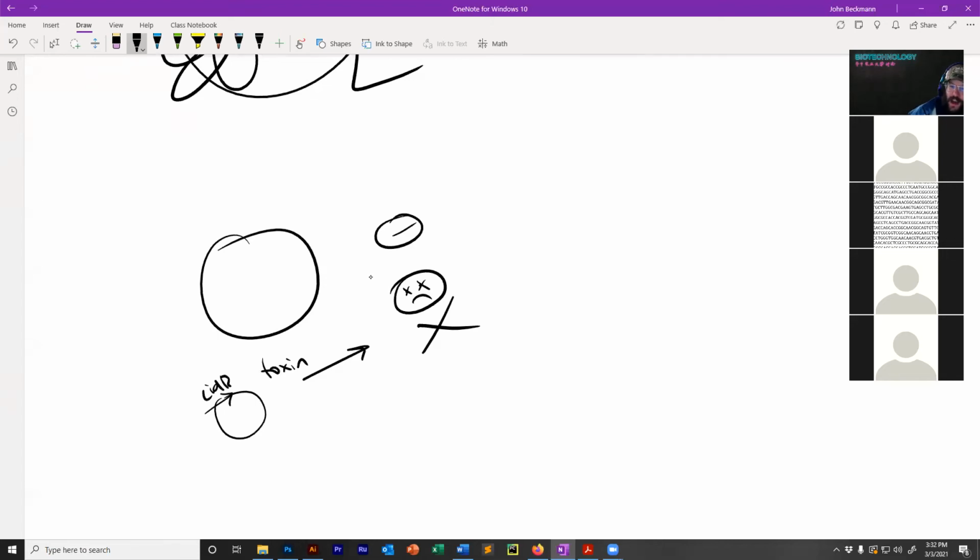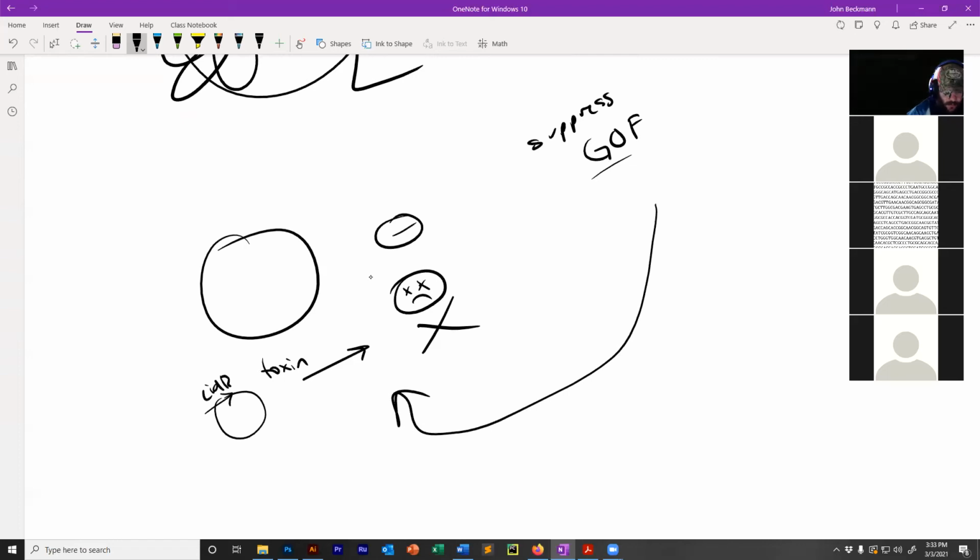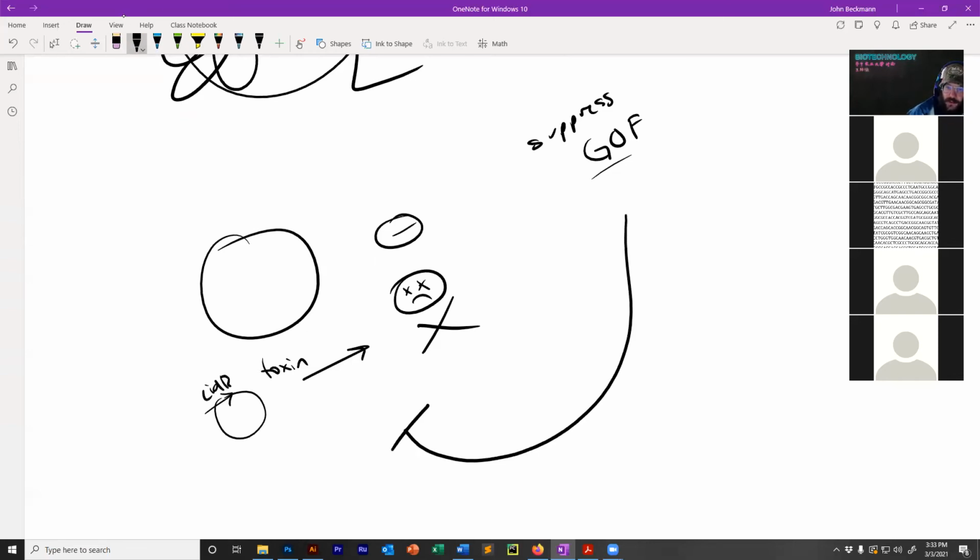And I want to find things that suppress it. So this is more of a gain of function type thing. You're gaining the ability to inhibit the toxin. So that's more of a gain of function type thing.